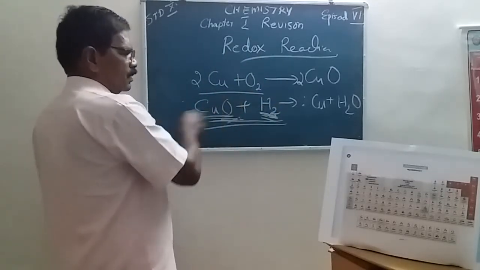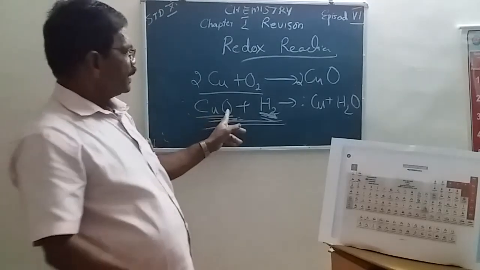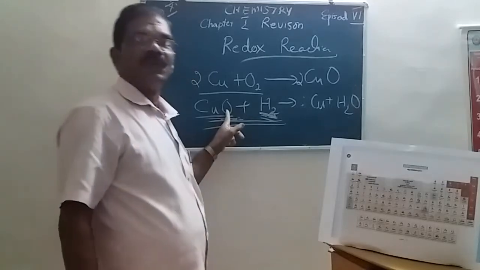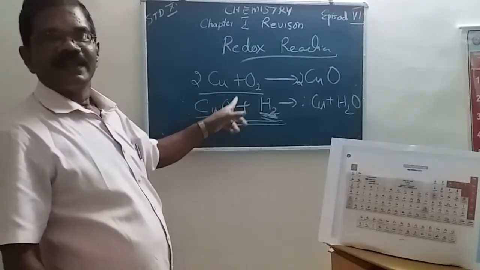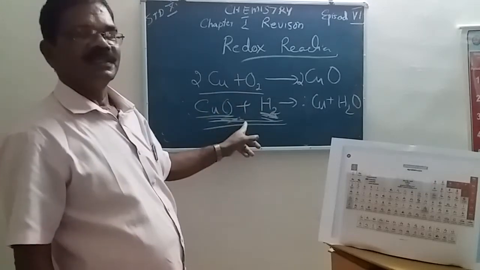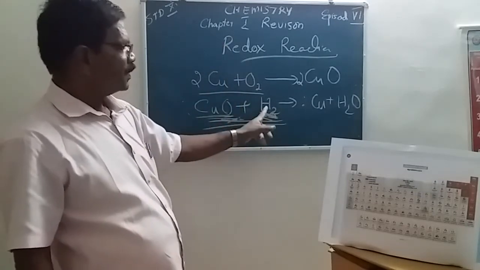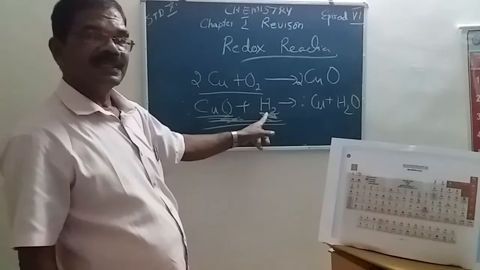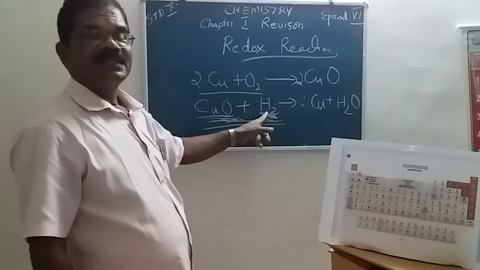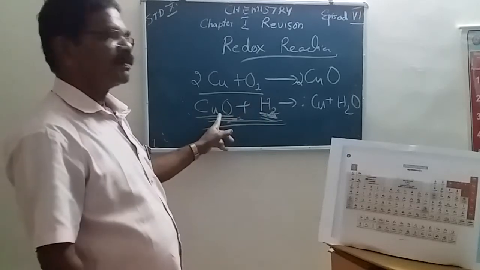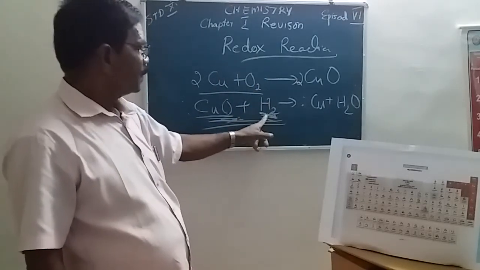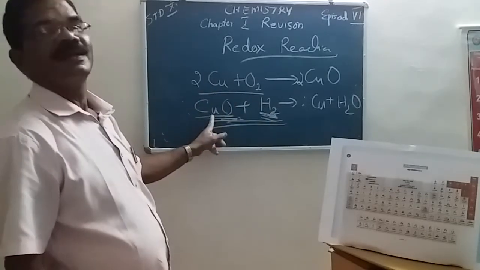Copper oxide. If copper oxide does not give oxygen to hydrogen, hydrogen does not undergo oxidation. Hydrogen undergoes oxidation because copper oxide gives oxygen. So the cause is copper oxide. So, substance oxidized: hydrogen; oxidizing agent: copper oxide.